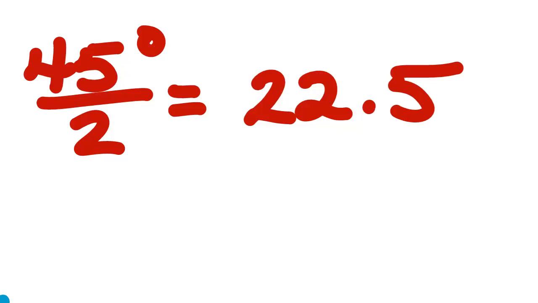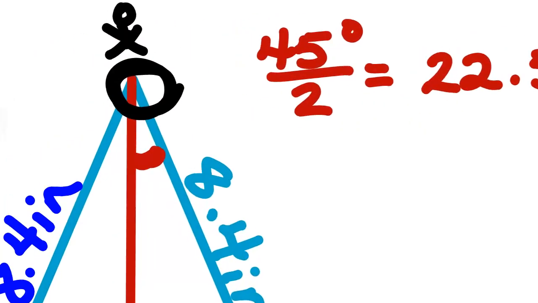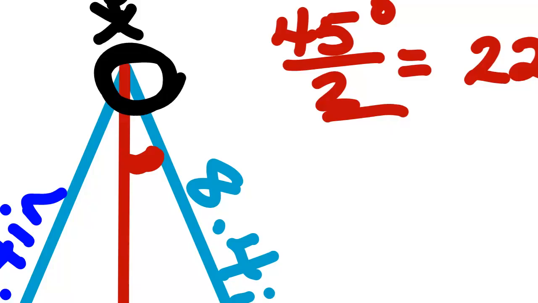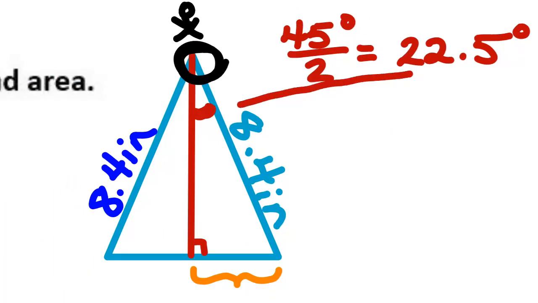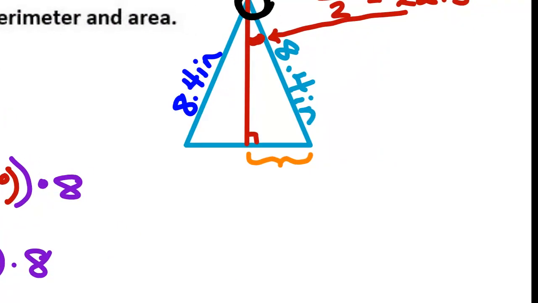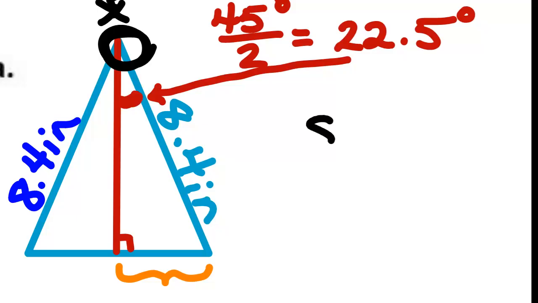So down here where we found the measure of the central angle as 45 degrees, this is the triangle that we've redrawn over here. And we cut that angle in half, so now we just figured out that that is 22.5 degrees right there. I don't have enough room to write it in the triangle, so I'm just going to arrow over. And now I need to label the sides of my triangle because we're going to do SOHCAHTOA again.